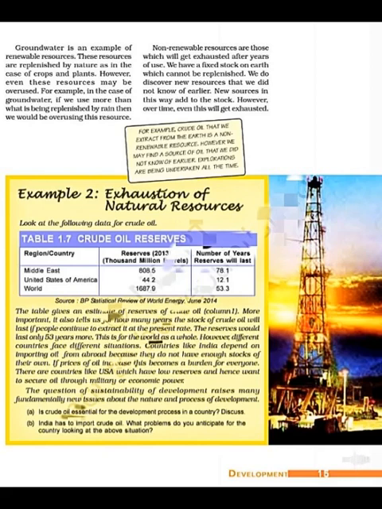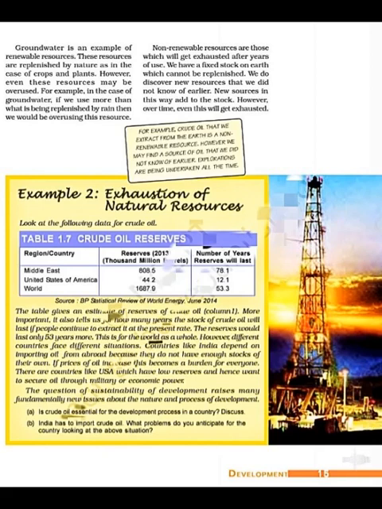And non-renewable resources are those which will get exhausted after years of use. Non-renewable resources cannot be renewed in a short time span, so we have a fixed stock on the earth which cannot be replenished, and we do discover new resources, so these new sources add to the stock.